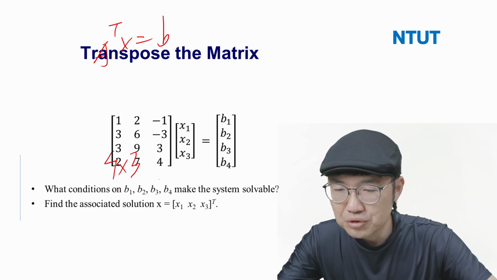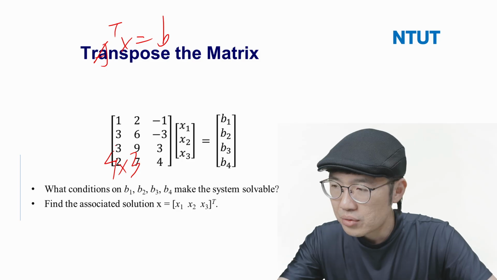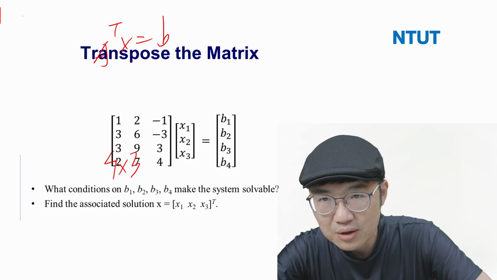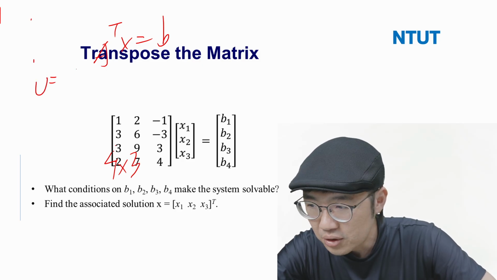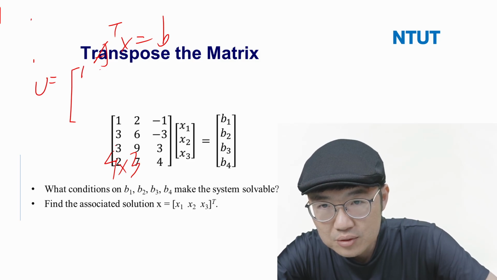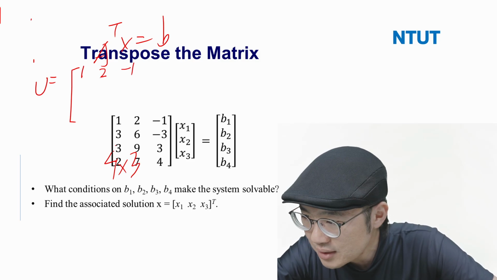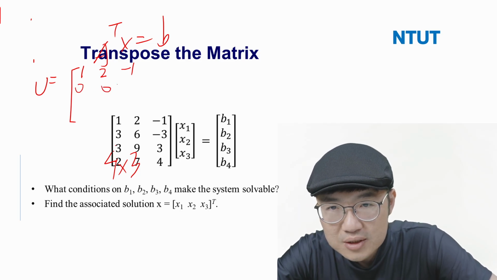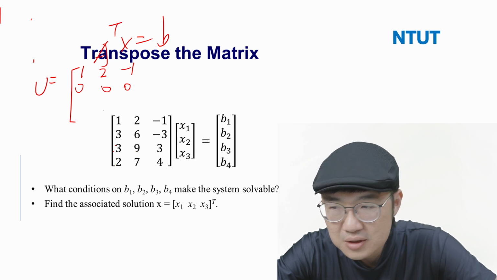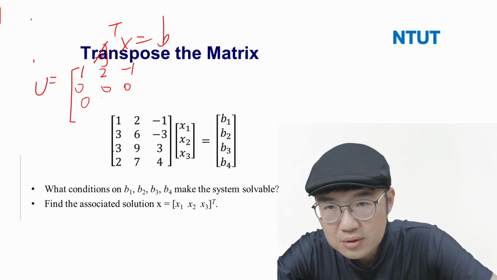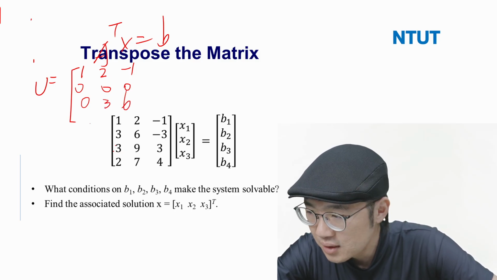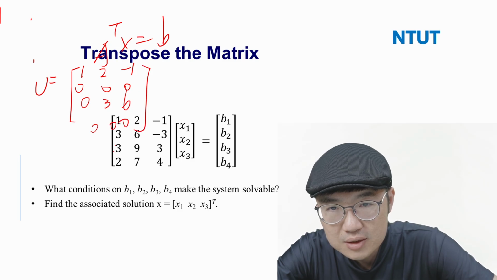If we perform Gaussian elimination for this one, I'll just provide the U directly without the detailed process. So the U in this case will be 1, 2, minus 1, 0, 0, 0, because the second row is 2 times the first, and then 0, 3, 6, 0, 0, 0 here.